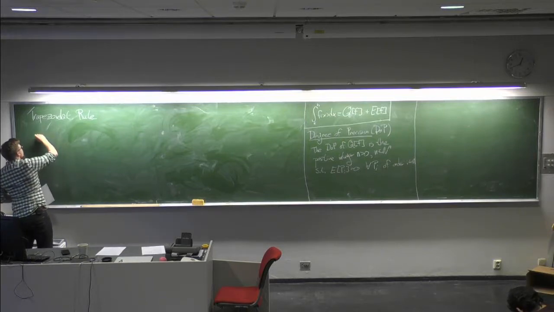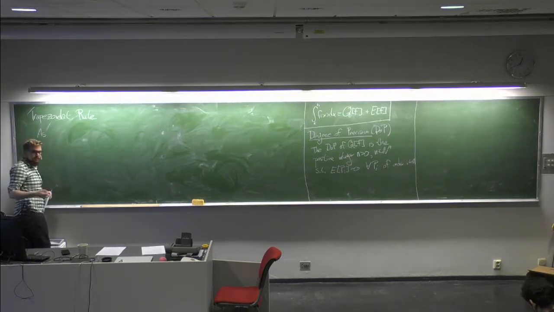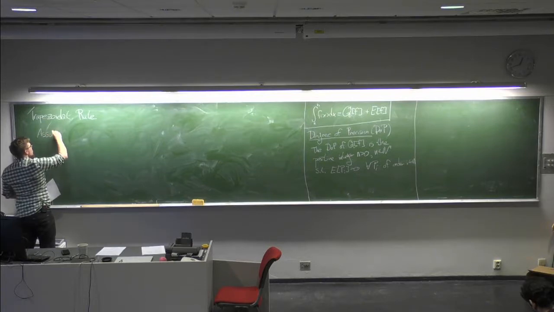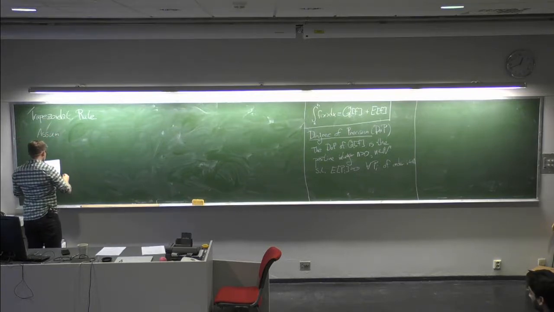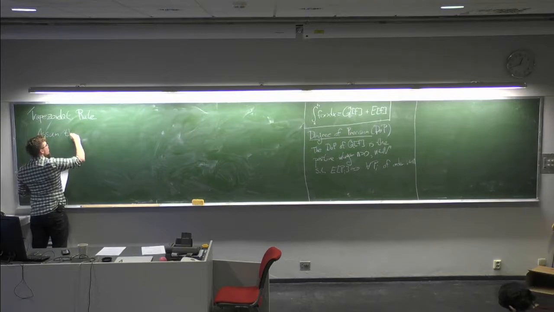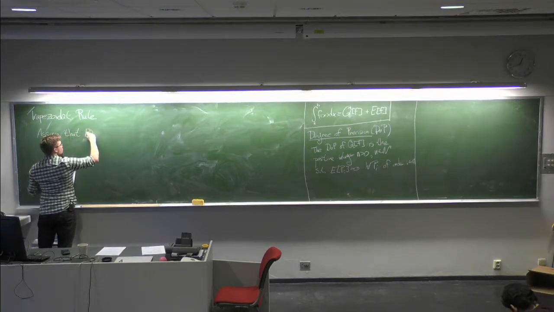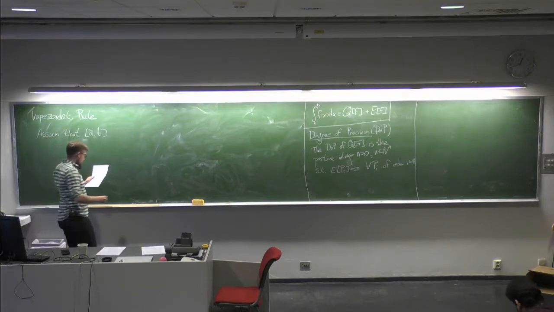Okay, so we assume that we have some kind of interval [a, b] that is divided into m subintervals.